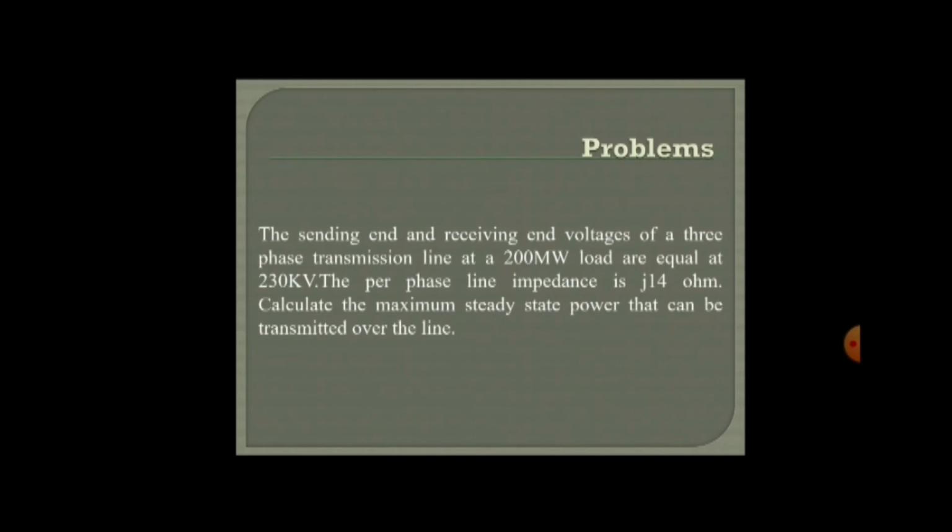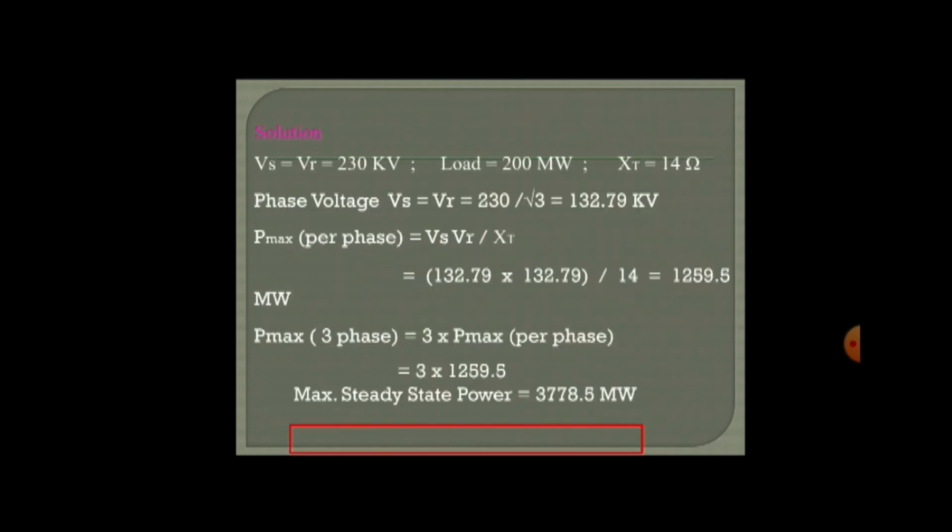Finally, we have to find out what will be the transmitted power, that is, the steady state power or the maximum power. You can see the given values: sending end voltage equal to receiving end voltage, 230 kilovolts.